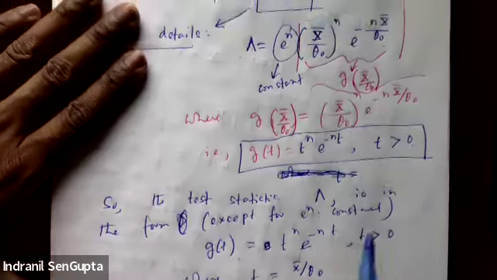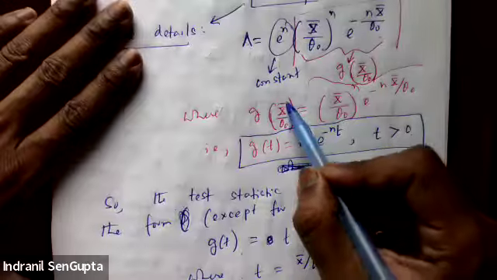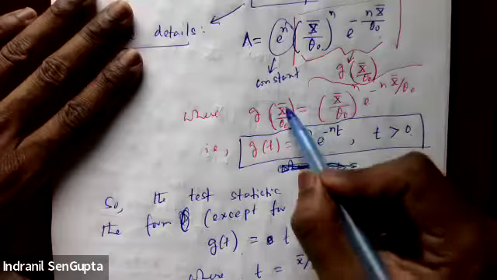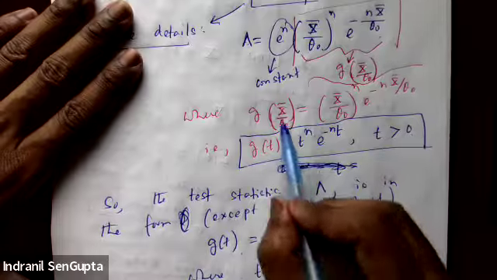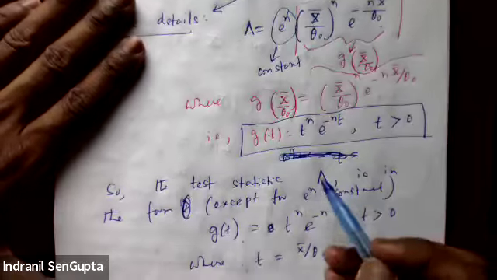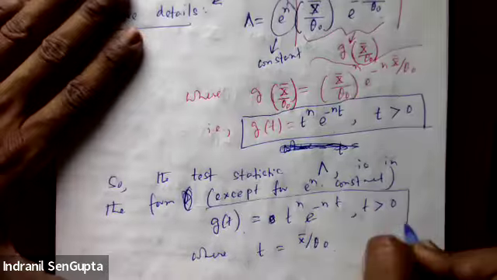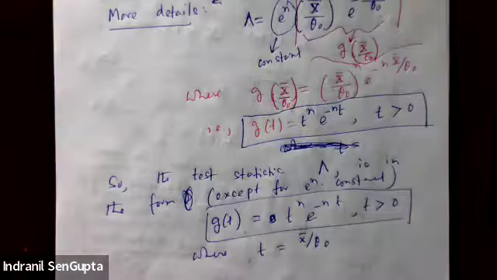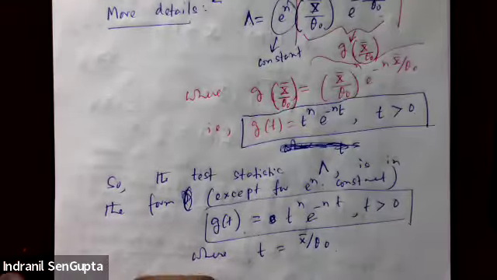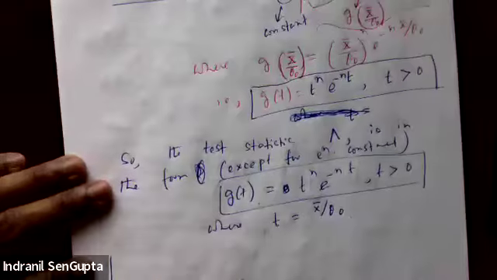Why? Because this is the sample mean, its realization is little x bar, and theta 0 is theta 0. Now this is a very interesting function. If you plot this, it looks like this.